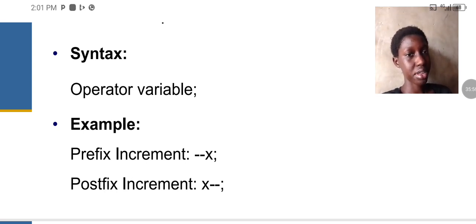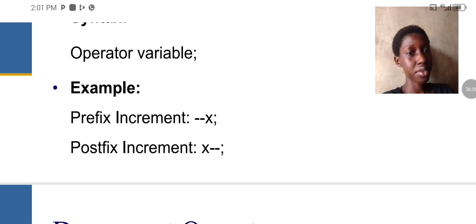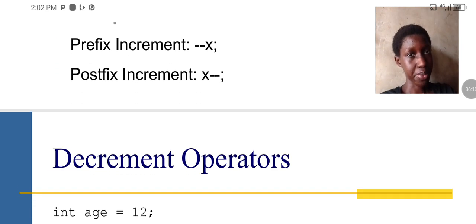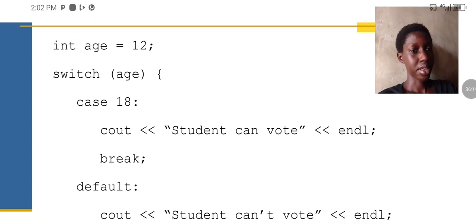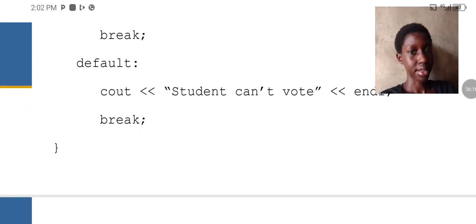So first you display the variable, then you subtract 1. But for the prefix, you subtract before you display the value of that variable. So what is displayed is what has been subtracted. That's for the prefix decrement. We can also use them in a switch case like this one.